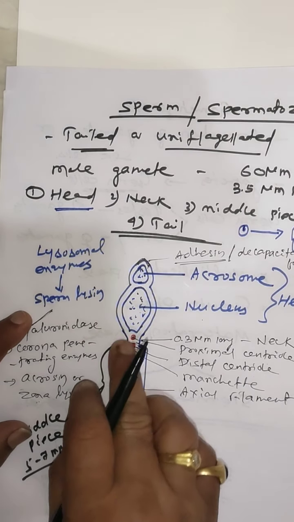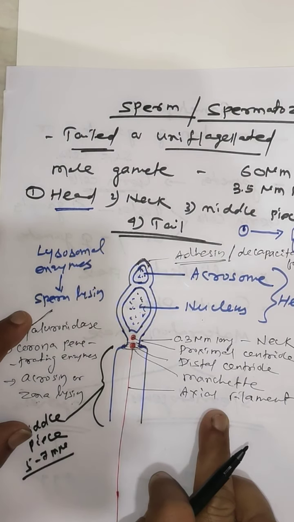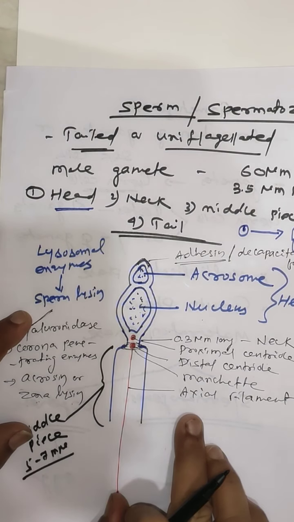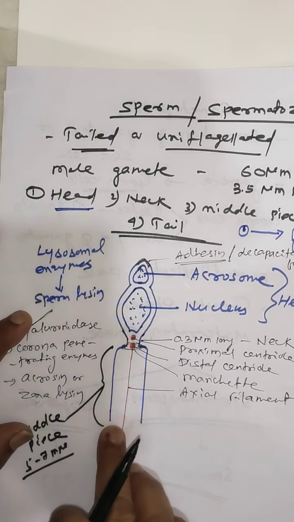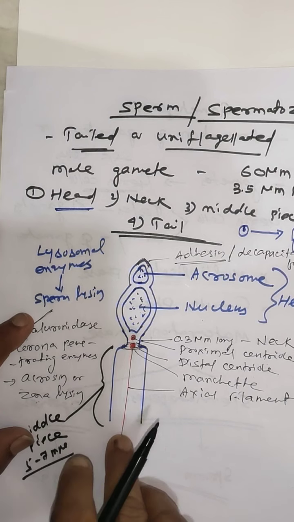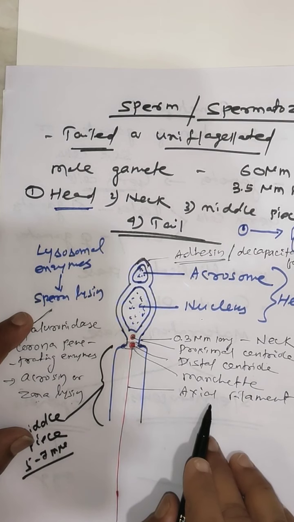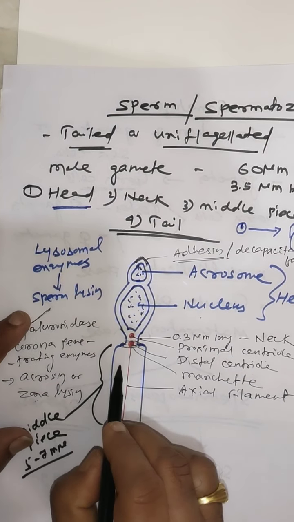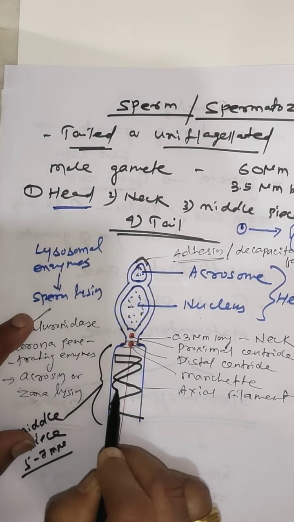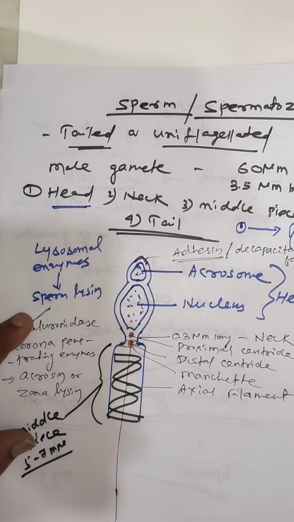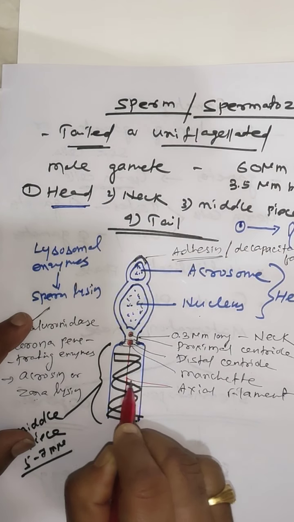The axoneme or axial filament, composed of microtubules originating from the distal centriole, runs through the entire length of the middle piece and tail. Around this axial filament, a mitochondrial spiral is present.